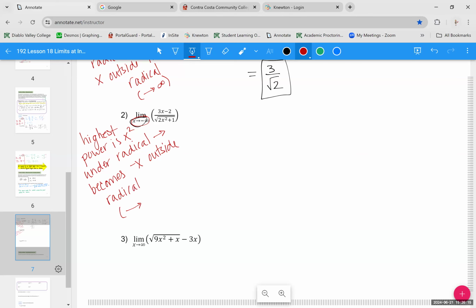And that's because we're now approaching negative infinity. Okay. So it's going to look almost identical, except for when I get to the numerator, I'm going to divide each one of those terms by negative x. It doesn't look any different underneath the radical because it's an x squared.